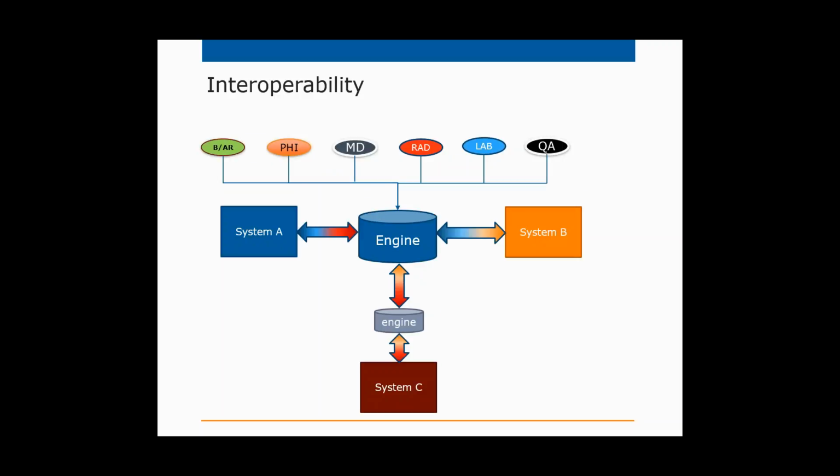And then what you can do is take from that engine and you can look to that lab and RAD and ambulatory physician EMR, and I've added a couple of others here. You might have a QA system, PHI, billing accounts receivable, any of those that you need to send information to. You can do so from the one engine for one or all of the sources of information that feed that interface engine.